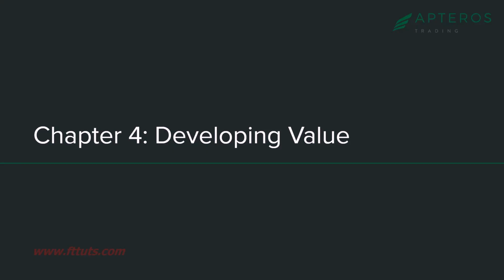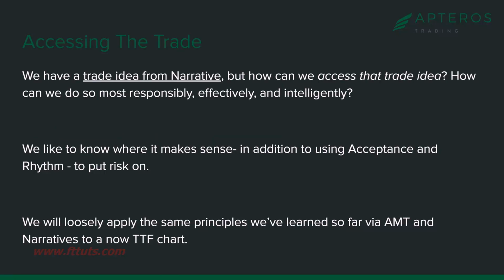And so now we're getting to developing value. We're going to talk a lot more about really accessing the trade. We have a trade idea from narrative. That's underlined for a reason. The trade ideas come from narrative, LMDs, which give us bias, line in the sand, likely destinations. That's where trade ideas come from.